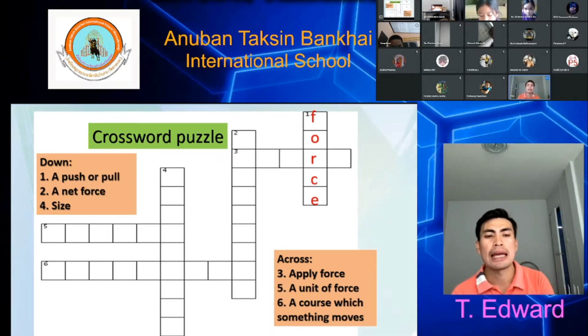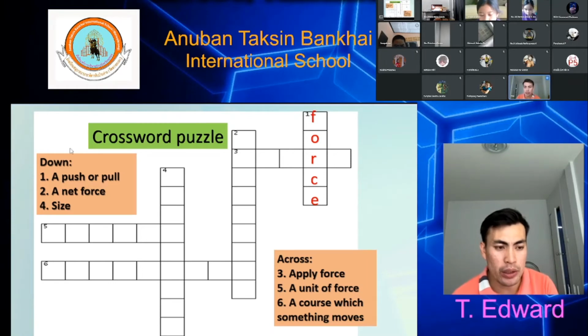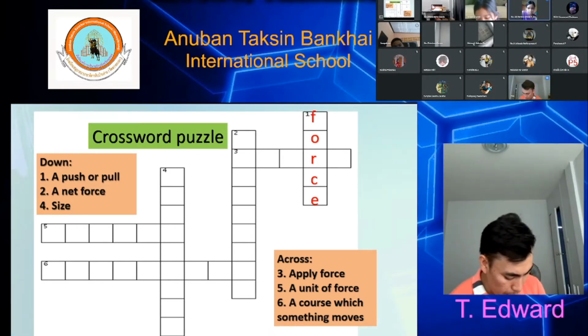F-O-R-C-E. Number 2. Number 2 is down. Another term for a net force. 1, 2, 3, 4, 5, 6, 7, 8, 9. A 9-letter word. A net force. What is the answer? Watcharit has 5 points.